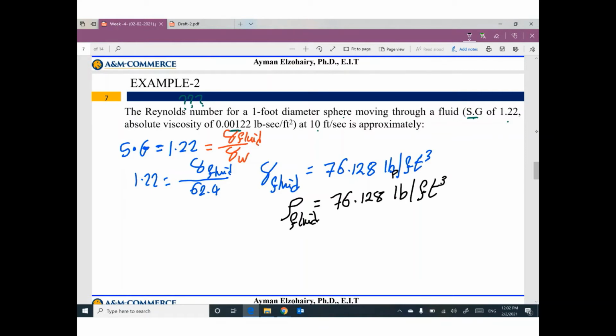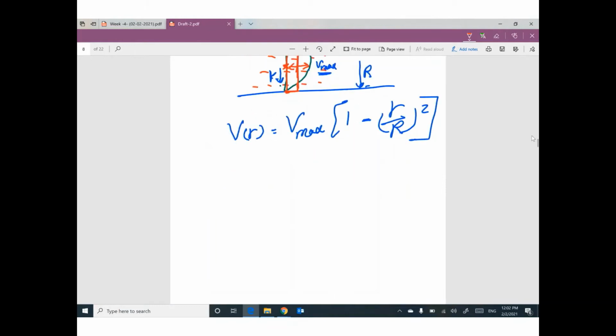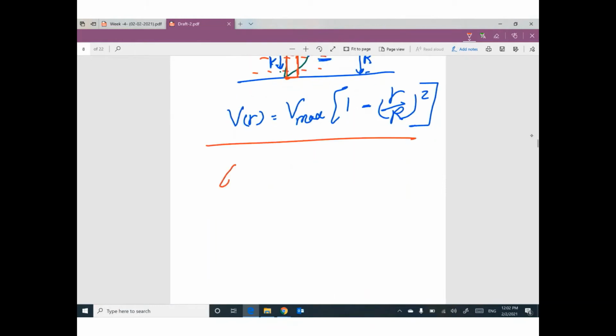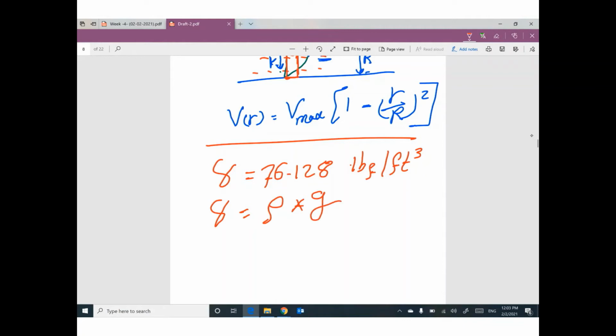But this pound is pound force, this pound is pound mass. If you would like to convert, I can help you. So gamma equals 76.128 pound force per cubic feet. We understand that gamma equals rho times g.